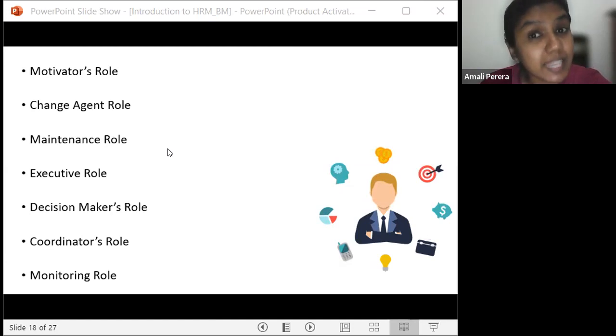Then we have the executive role. Here the executive means execute, right? So execute means implementing such things. Implementing policies, procedures, or we could say executing policies and procedures. Then he's playing the executive role. Then we have the decision maker. Of course, you can understand what is meant by the decision making role, right?